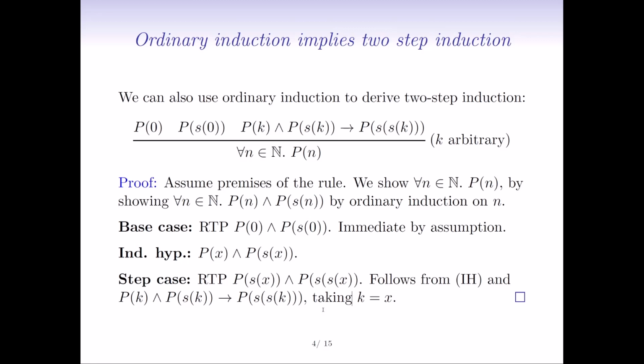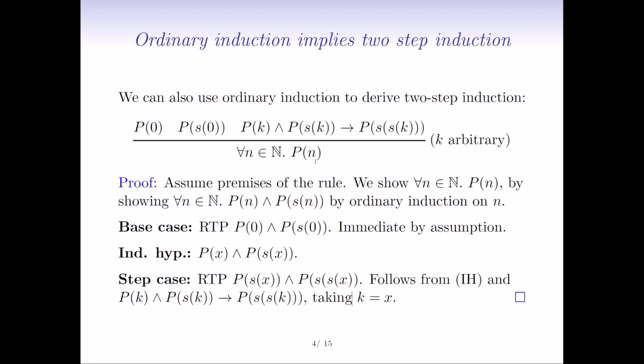So we're done. So just to restate again, we've shown here the correctness of two-step induction, meaning that if all the premises are true, then so is the conclusion, and we've shown it only using the proof principle of ordinary induction on the natural numbers.